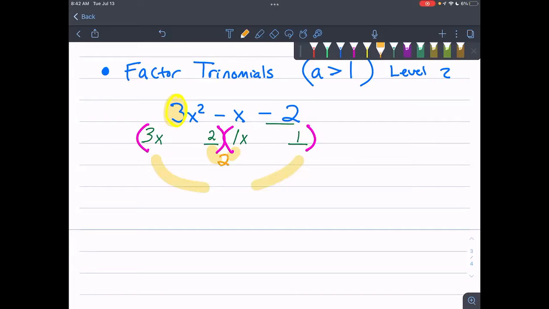So 2 times 1 is 2. And then 3 times 1 is 3. And we want these to add to whatever number's in the middle. So in this case, -1.